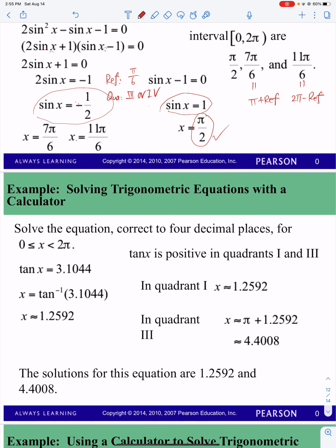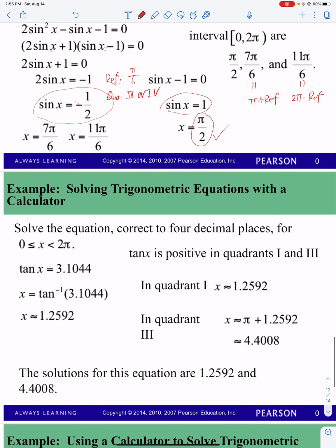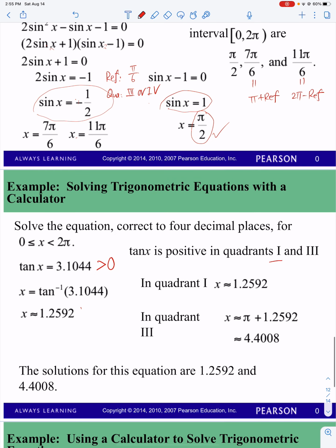Okay, so this is solving with a calculator. You can use a calculator when it is not a special value: x equals tangent inverse. Because tangent x is bigger than 0, it's always quadrant 1 or quadrant 3.